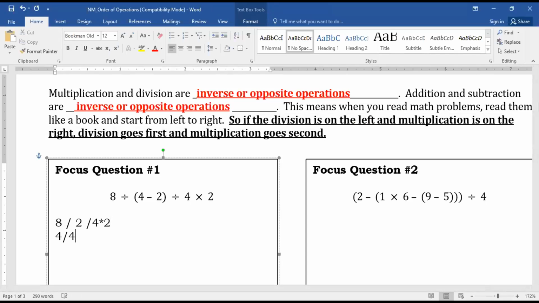Bring the rest down. Now we got 4 divided by 4. That's 1. Final answer is going to be 2 after all of that. And we have to follow PEMDAS exactly in order to get the correct answer in each of these kind of problems.